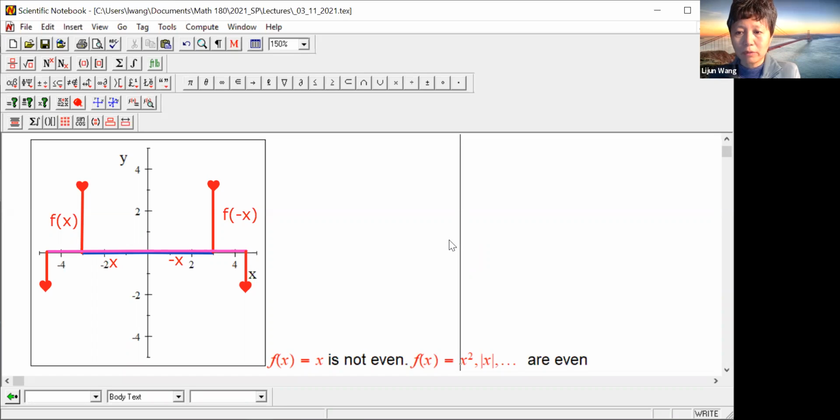Is x to the power 3 even? I said f of x equals x to the power 3 is even. That's what I meant. Okay. Does it fit the definition? Yes. It fits the definition?